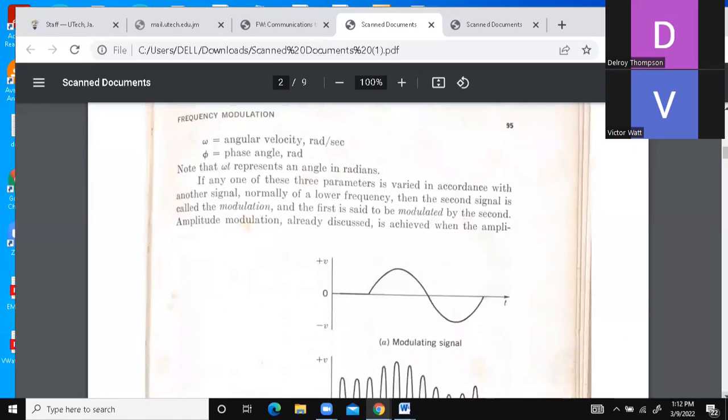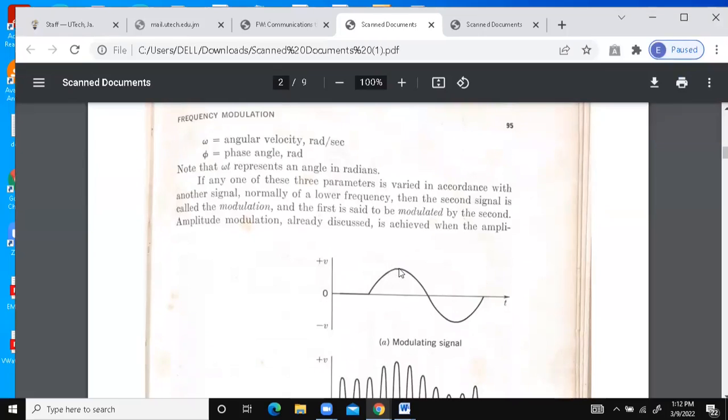So here you have a modulating signal. This is your A.